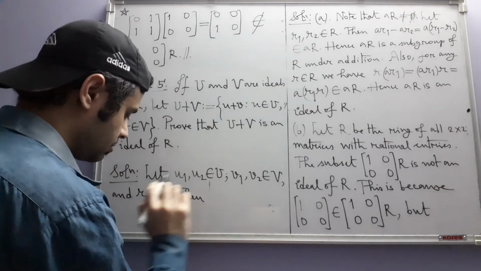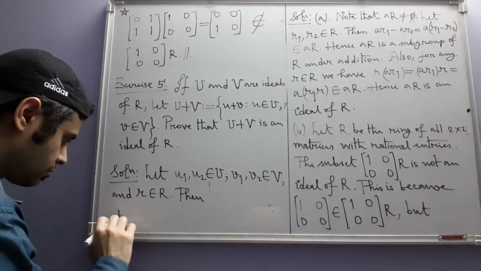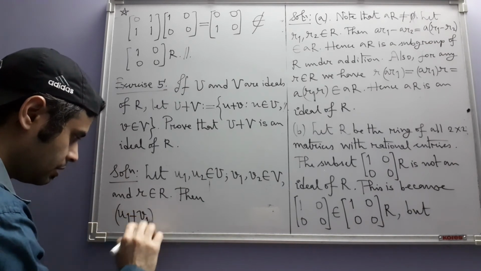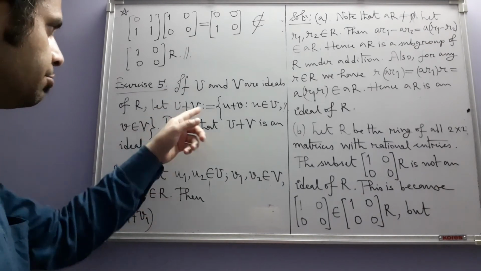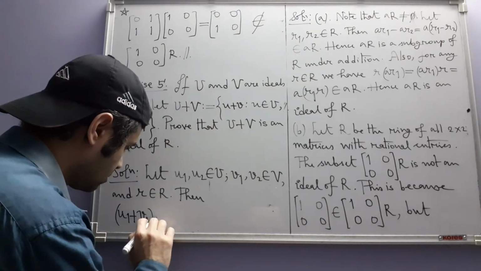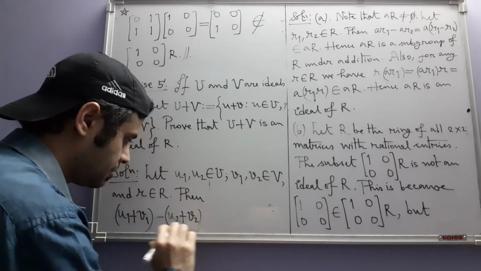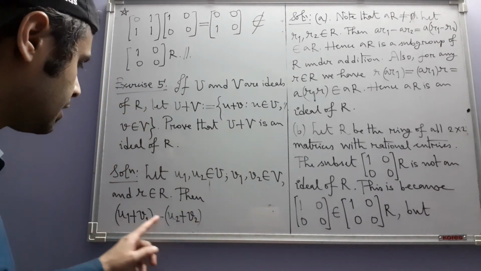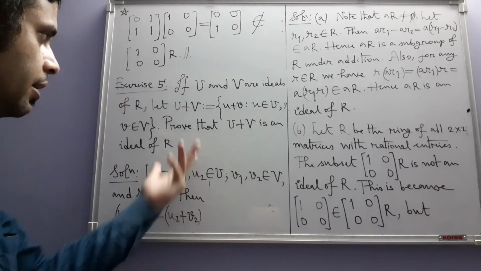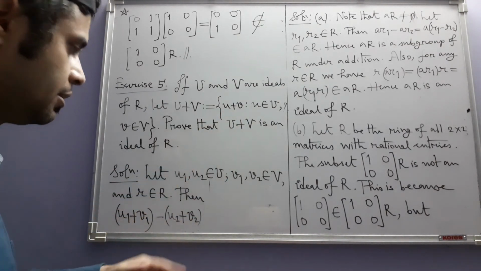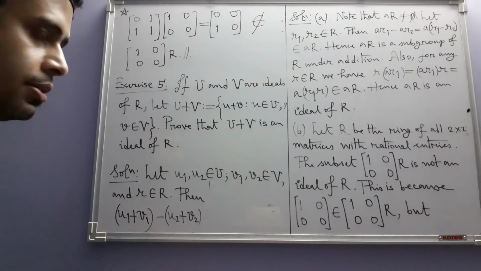Then U1 plus V1 is an element in U plus V, and U2 plus V2 is an element in U plus V. So these are actually two arbitrary elements in U plus V. Since the elements look like this, we had to choose U1 and U2, V1 and V2.